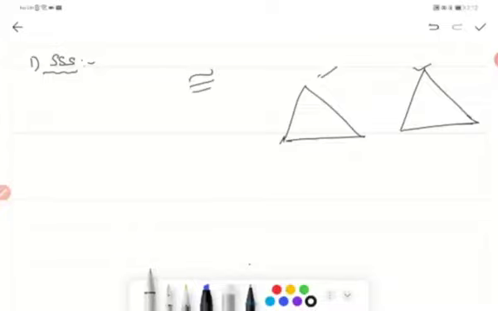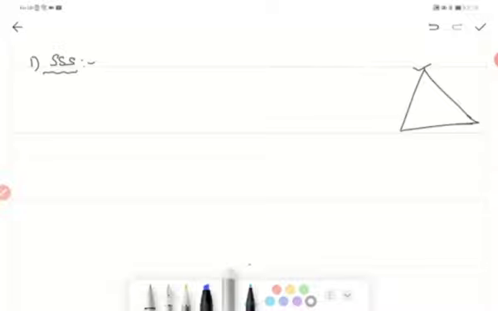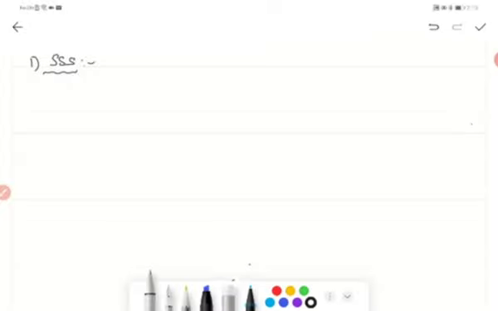Okay, all right. So we have criteria for the congruency of triangles. The first criterion is SSS, which is side side side congruency. All right. So what is the need of this? Let's see now. This is side side side congruency.